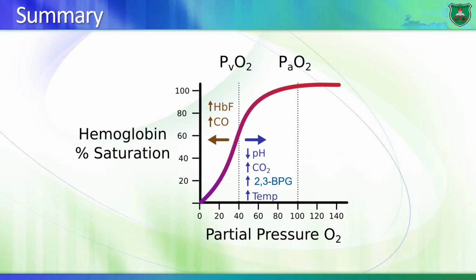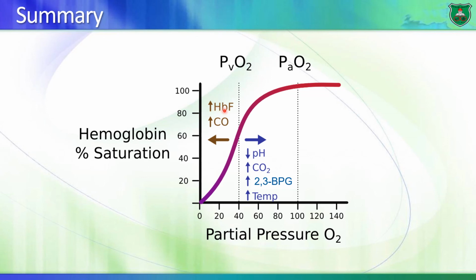So, to sum up the lecture, we have the saturation curve for oxygen, okay? And it can shift to the right or to the left. If it goes to the left, affinity increases. If it goes to the right, affinity decreases. These are the different factors that affect affinity. Fetal hemoglobin, we talked about it.